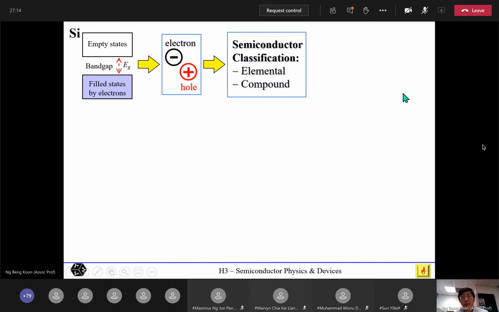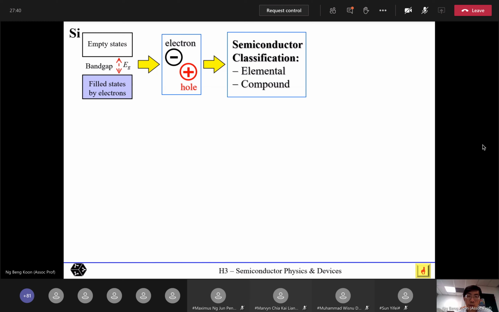Now we also mentioned that semiconductors can be broadly classified into two categories depending on the number of elements used in the semiconductor. The elemental type are those that have only one element type, so materials like silicon or germanium are considered elemental semiconductor materials.